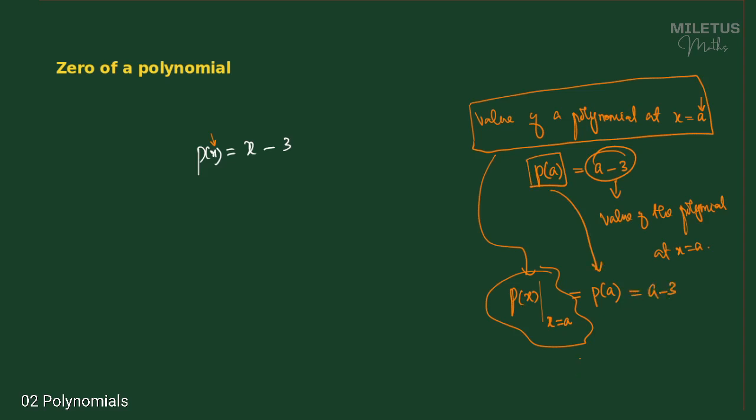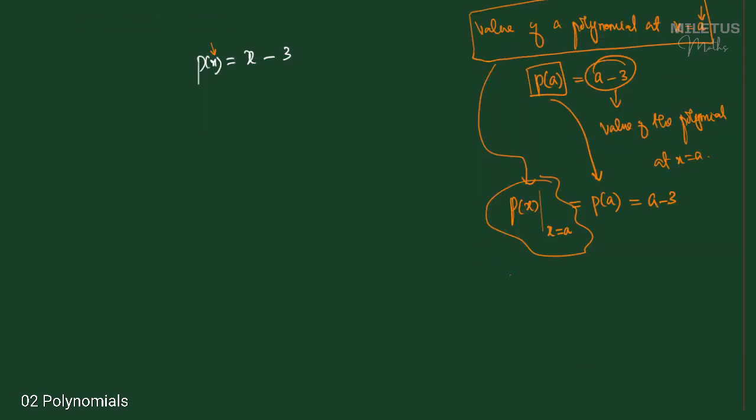Okay, fine. That means, for example, p of x at x equal to 2 would be equal to p of 2, and that would be equal to 2 minus 3, and that is minus 1. That means the minus 1 over here is the value of the polynomial p at x equal to 2. Similarly, let's take another example.